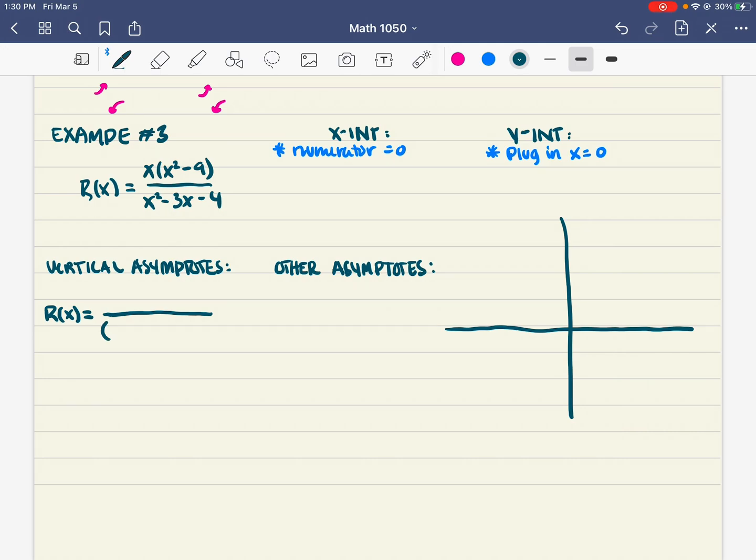Numbers that multiply to -4 and add to -3: that is -4 and +1. The top has an x, and then the x squared minus 9 is a difference of squares, so +3 and -3. Does not reduce, so our two asymptotes are going to be at x equals 4 and x equals -1. Both with the multiplicity of 1 again.